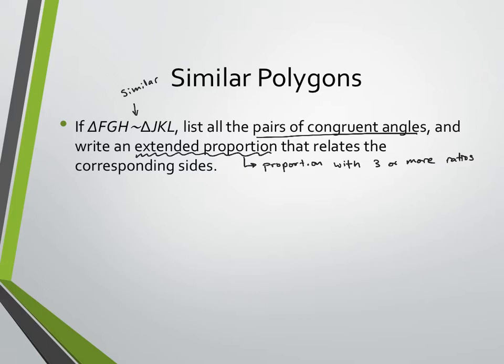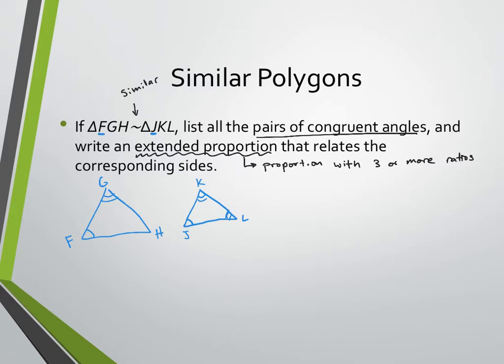Now this should be familiar. We've done this one before. If you need to draw it, go ahead and draw it. We have F, G, H. I'm going to draw this one smaller just for aesthetics. J, K, L. Now corresponding angles need to be congruent. Therefore, I know that F has to be congruent to J. And then the same throughout the rest of the triangle.